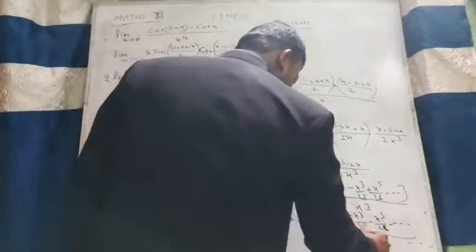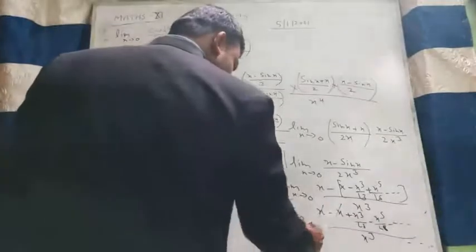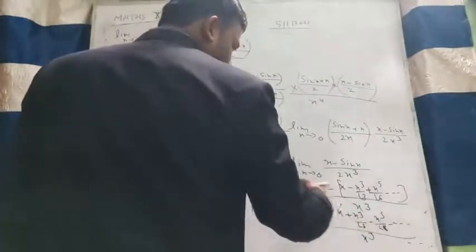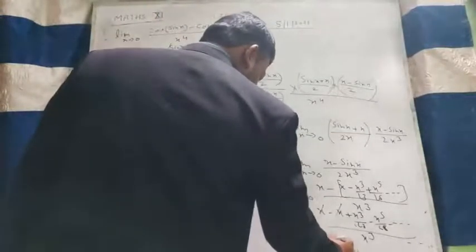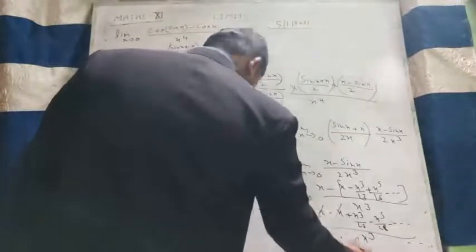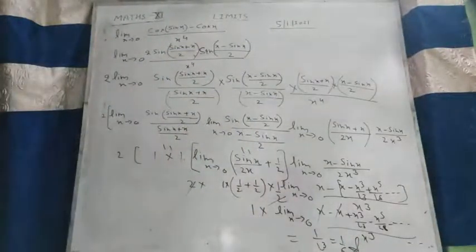So this part will cancel, x to the power 3. Now we take x to the power 3 common, so x to the power 3 will be cancelled, and we get 1 by factorial 3, which is 1 by 6. So it will be our required result.